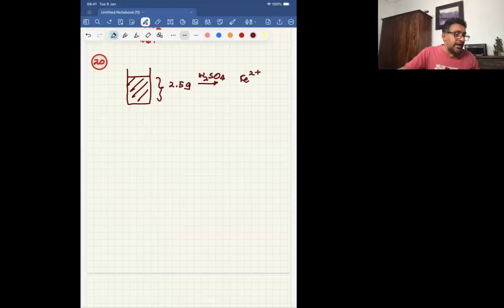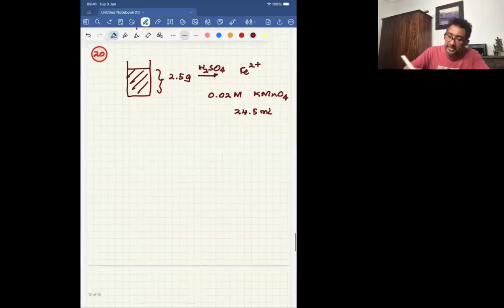In a volumetric titration, it required 24.5 milliliters of 0.02 molar potassium manganate 7, KMnO4, to fully oxidize it. Write down the equation for the redox reaction.